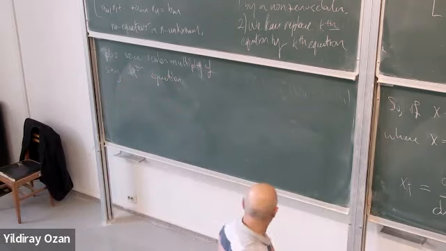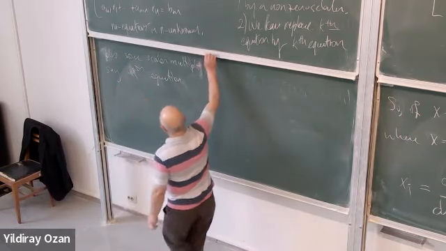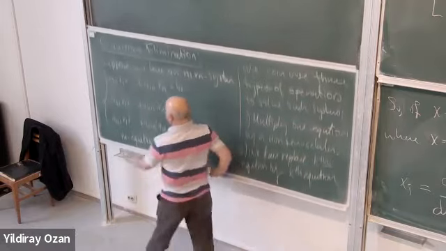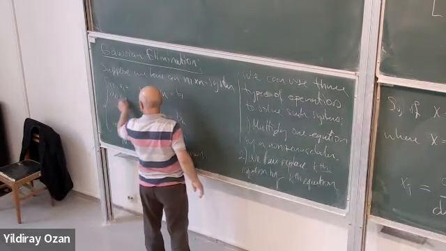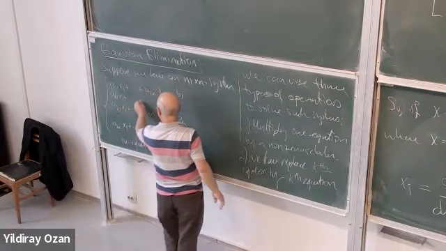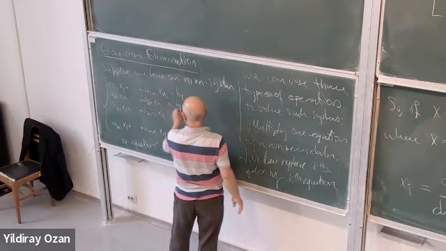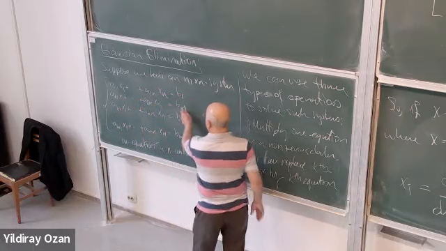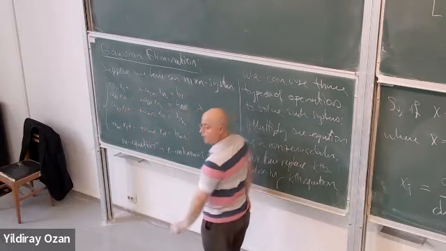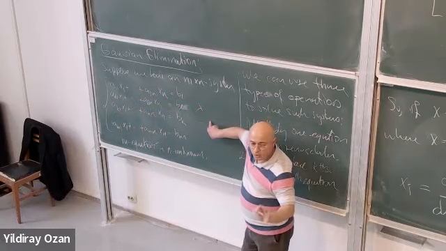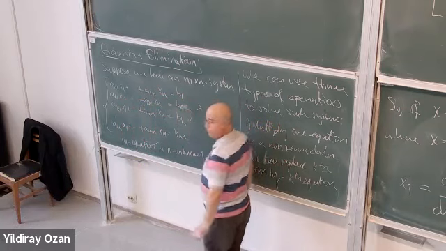Yani ne yapıyoruz? Here I have, let's say, the lth equation, al1 x1 and so on, aln xn equals bl. I can multiply this equation by some number, it can be 0, and add to this equation.